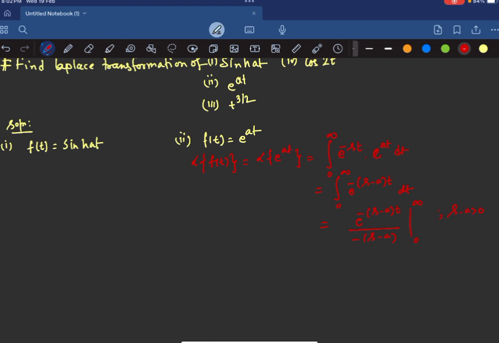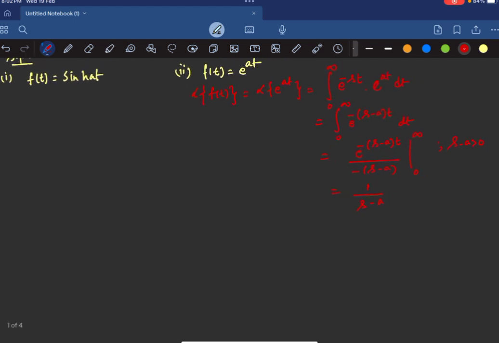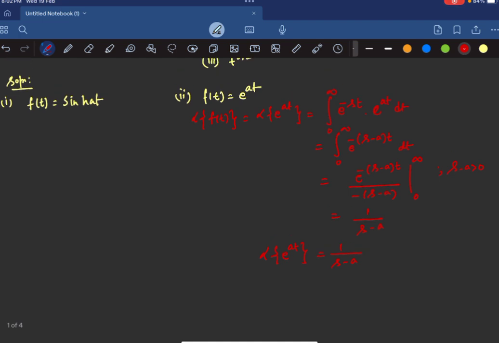This should be given. If you put the upper and lower limits, you will get 1 by s minus a. So the Laplace transform of e power at is equal to 1 by s minus a. This is one of the formulas.